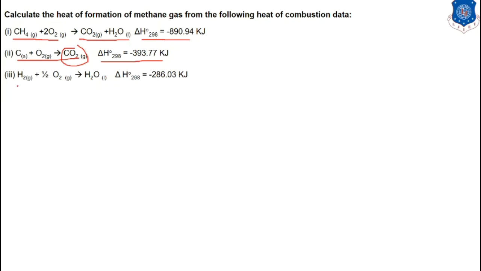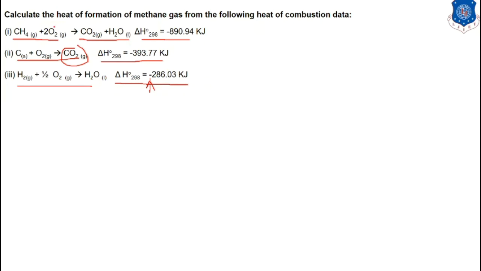The third reaction is H2 plus 1/2 O2 gives H2O. The heat of formation for this H2O is 286.06 kilojoule and the sign is negative, so delta H naught is equal to minus 286.06 kilojoule. Now from these reactions we have to find the heat of formation for methane gas.